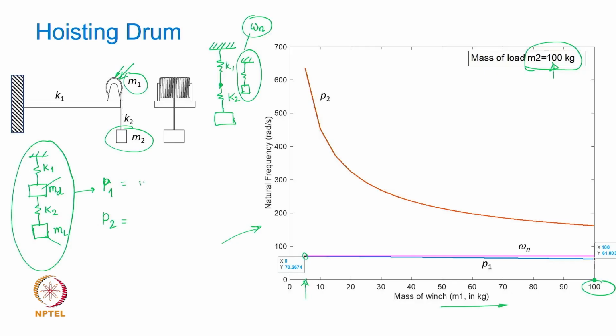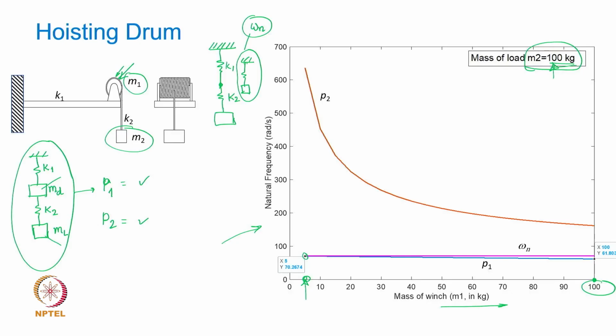I will be having two natural frequencies with the assumption of a 2 degree of freedom system, right? When I use the data that the mass of the winch is 5 kgs and the mass of the load is 100 kgs, that means the load being lifted is 20 times larger than the mass of the drum, right?